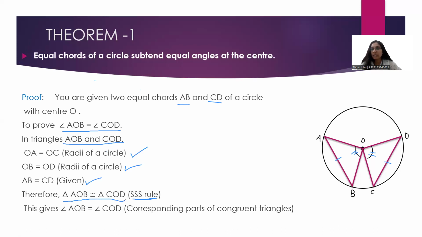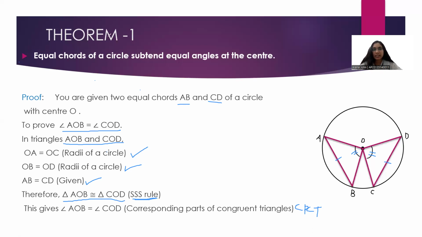Once we have proved the two triangles are congruent, then by CPCT, or corresponding parts of congruent triangles, we can say that the angles subtended by them at the center, which are angle AOB and angle COD, will be equal. So this is the proof of this theorem.